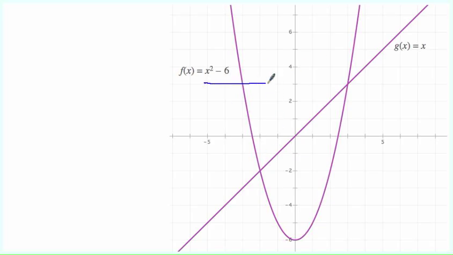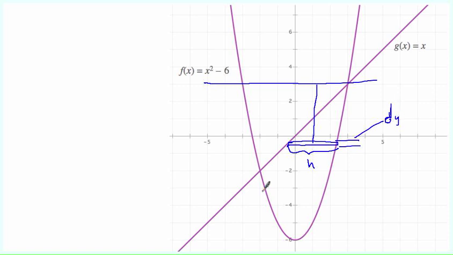In the shell method, I need to integrate differently because I have like a little cylinder here spinning around. So this is my R, this is my H, and this dy is the thickness. So now I'm integrating not this direction but this direction.